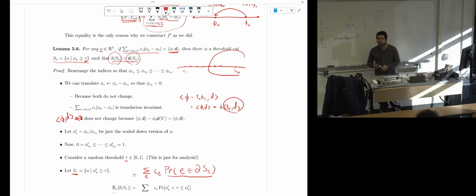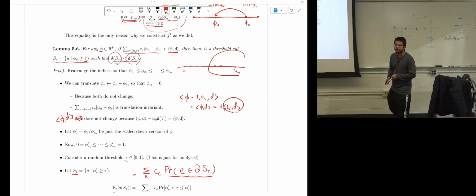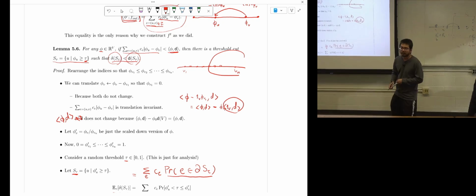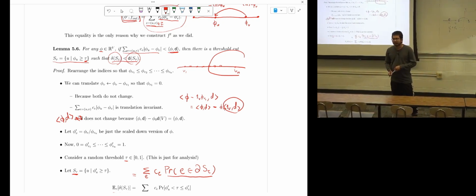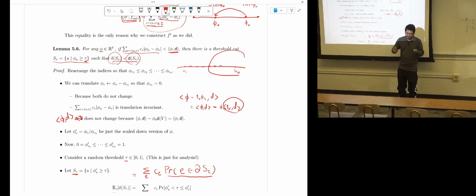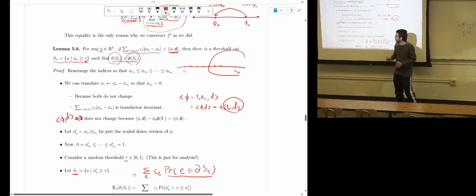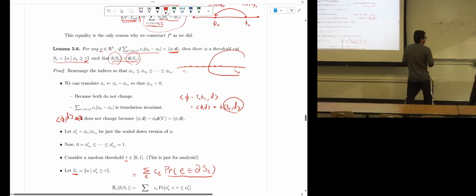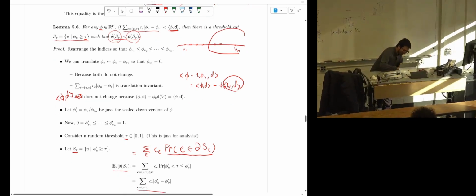So where did this translation and scaling come in? Because it seems to me like this entire argument is pretty much independent of where the potentials are actually lying. Yeah, good point. I really just translate and scale so that the calculation looks a bit cleaner. Otherwise, when you calculate, you see this probability.